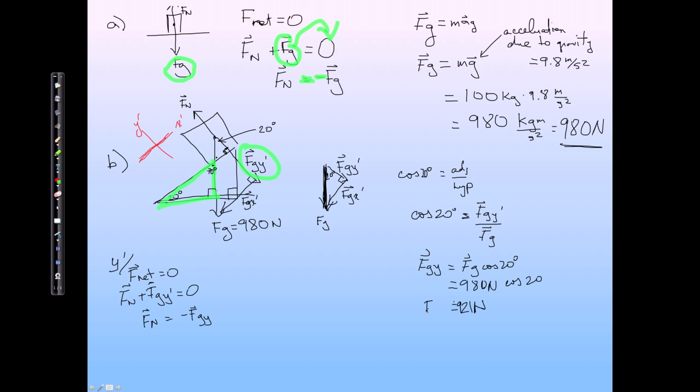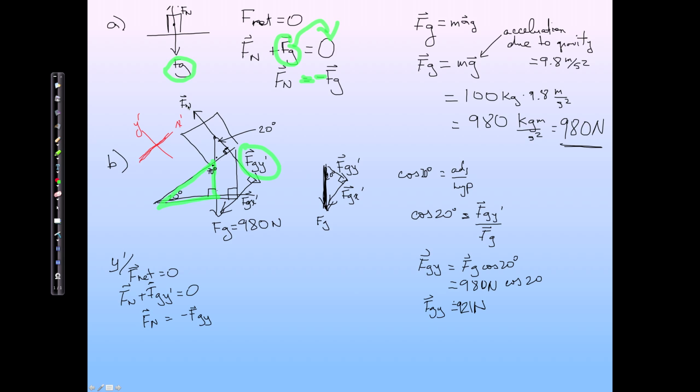Now, if FGY prime is equal to 921 newtons, let's go back over here. That means that Fn is also equal to 921 newtons, just in the opposite direction of FGY prime. FGY prime is down into the ramp. Fn is straight out of the ramp.